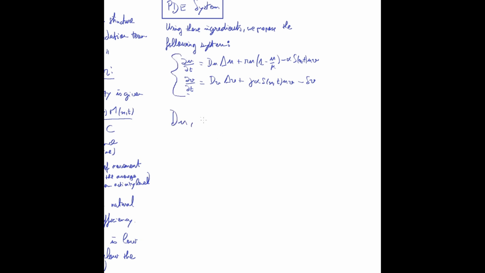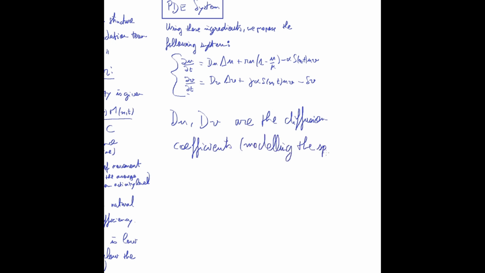Du and Dv are the diffusion coefficients modeling the spatial movement of humans and xenomorphs, respectively.